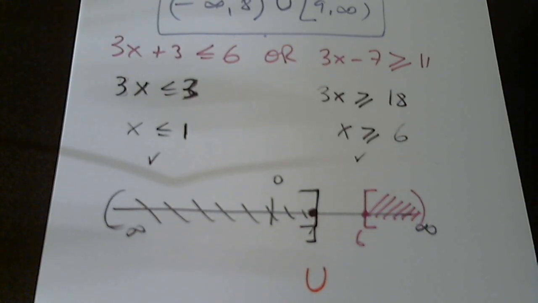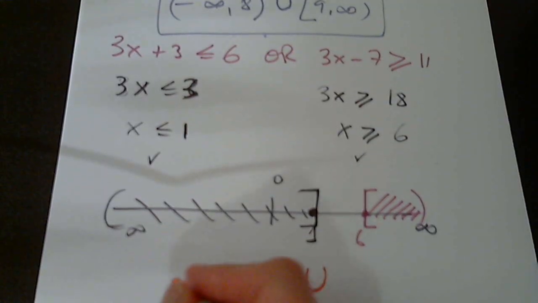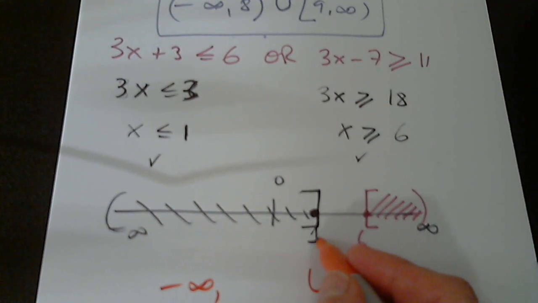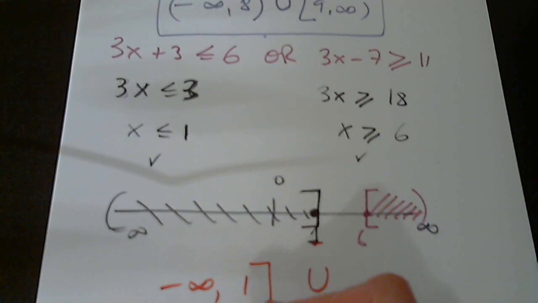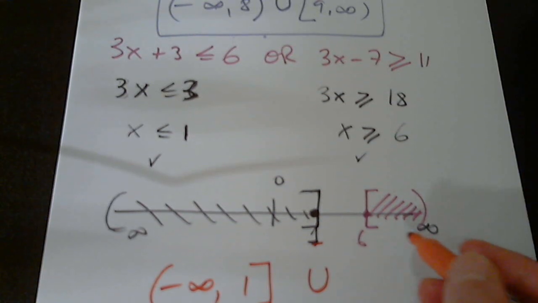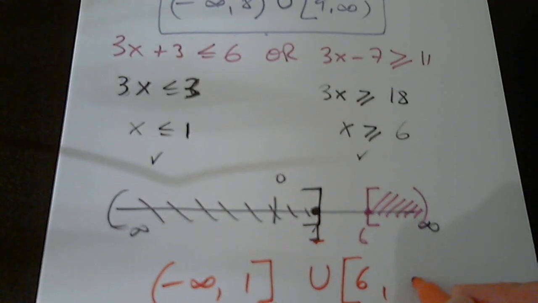Nothing else. Negative infinity to 1 with a bracket, union, bracket 6 infinity. That's it. Done. Perfect.